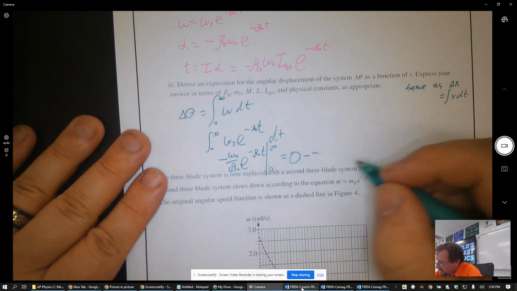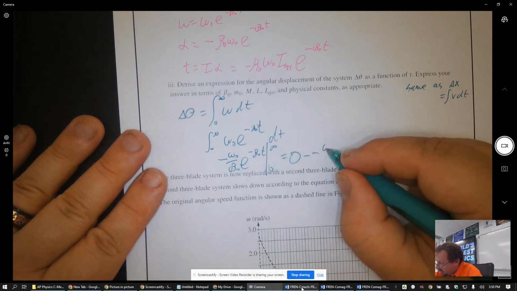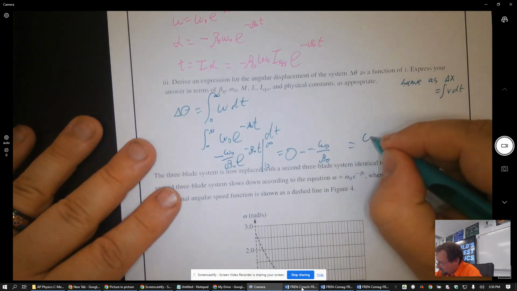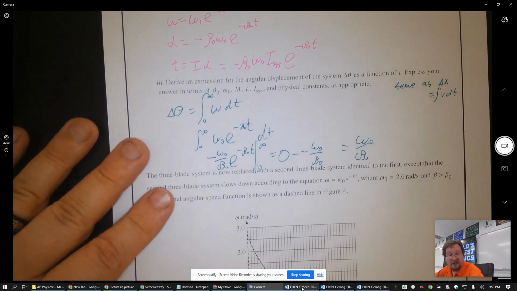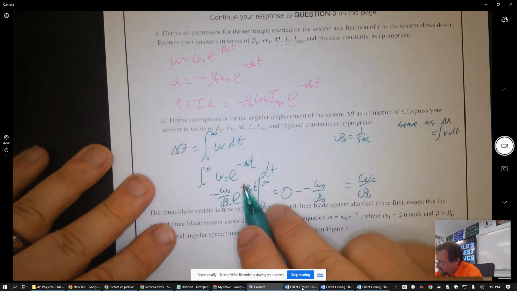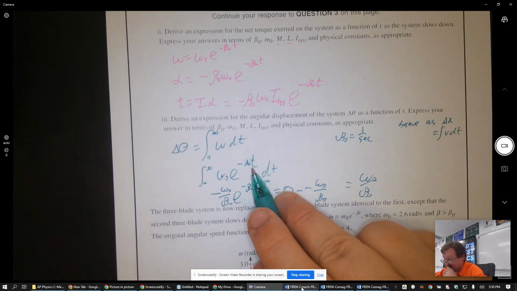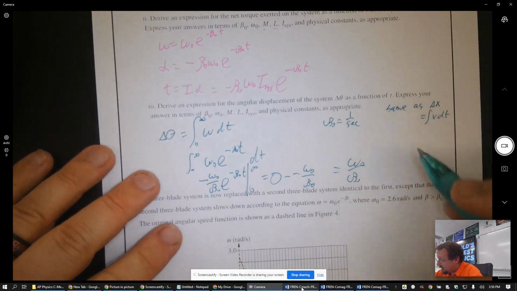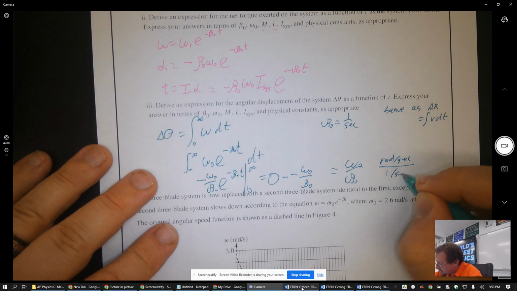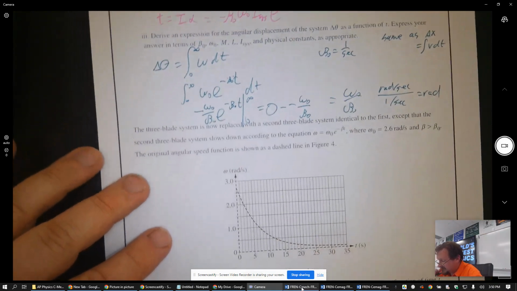Plug in 0, and you get minus a negative omega naught over beta naught. That's it. It's just omega naught over beta naught. That even has correct units, because I know that beta naught's units are 1/seconds in order for the exponential to have no units in it. So this would be radians per second divided by 1/seconds. That is actually radians. Okay, that makes sense.